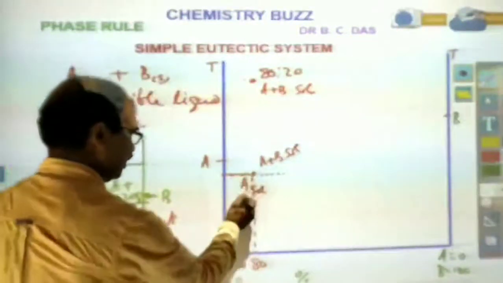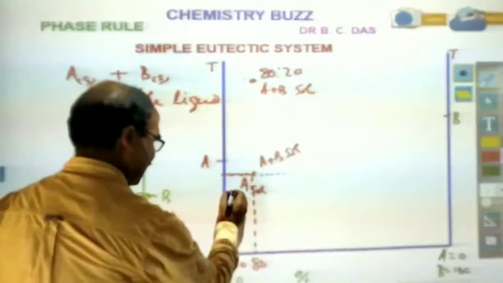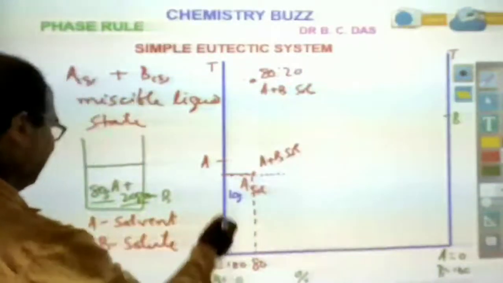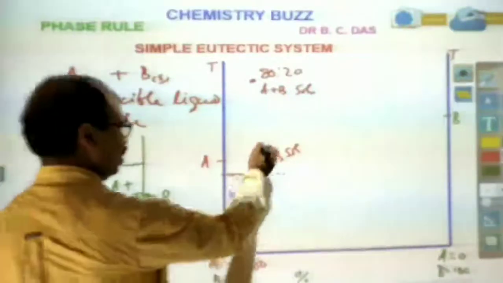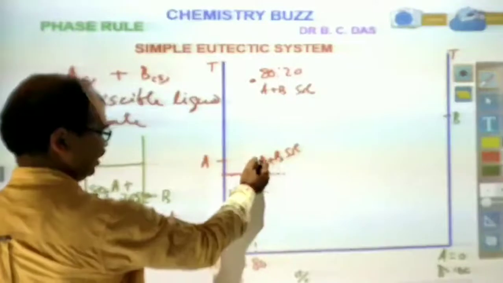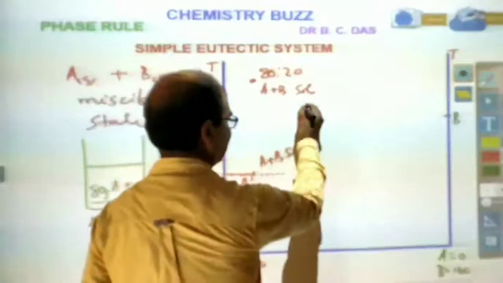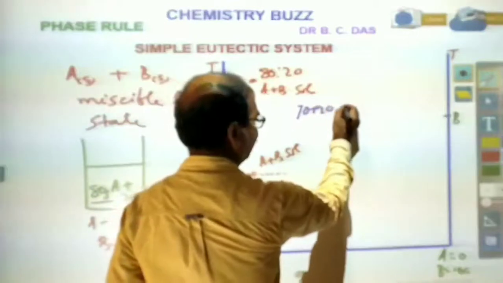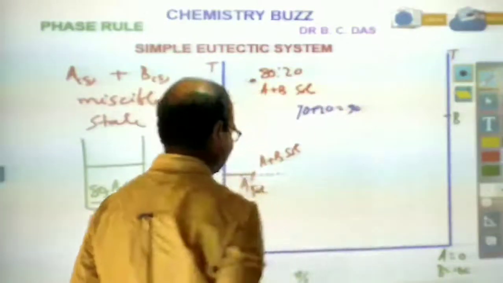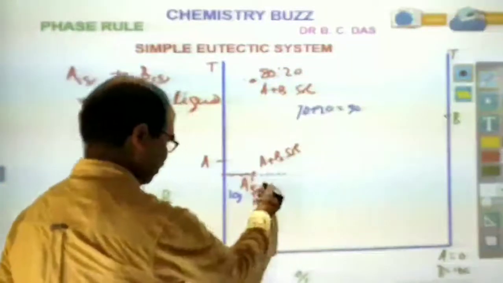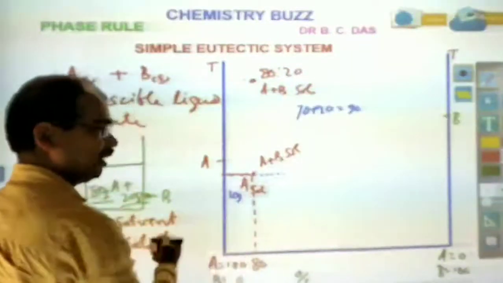Suppose at this point 10 gram of A separates out. When 10 grams of A separates out, the amount of B is the same, and the amount of A becomes 70 grams. So the total amount becomes 70 plus 20, that is 90 grams. And the percentage is changed because of the separation of A.